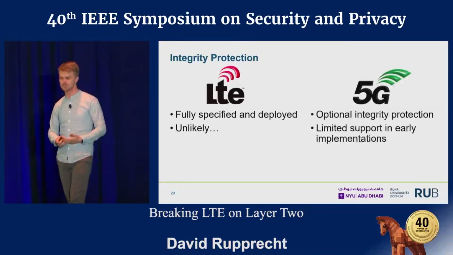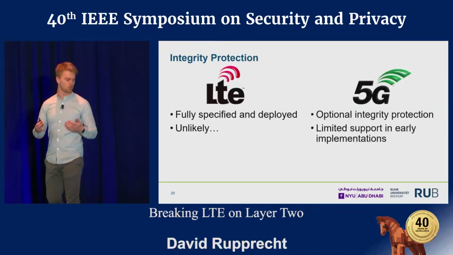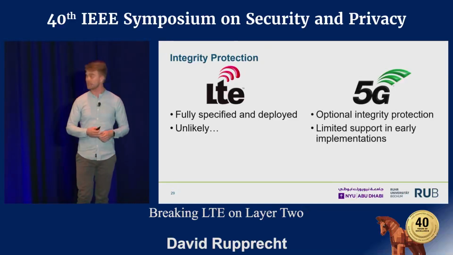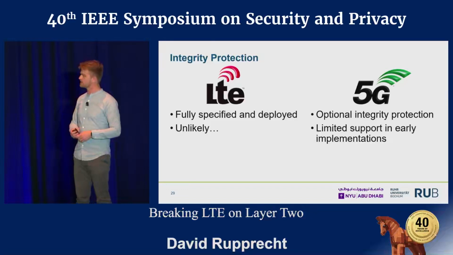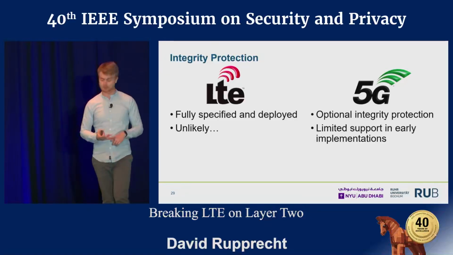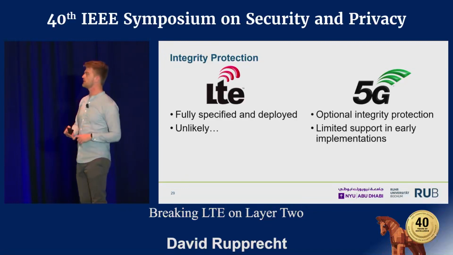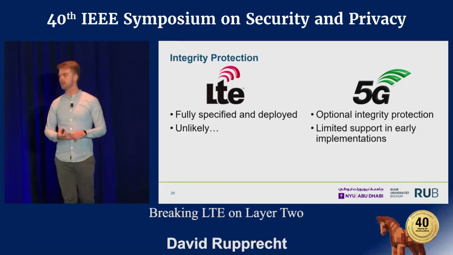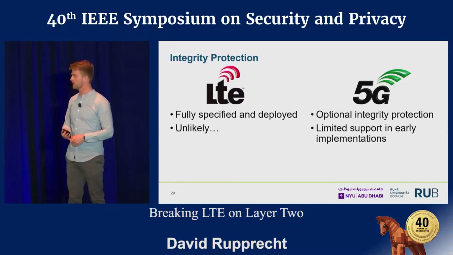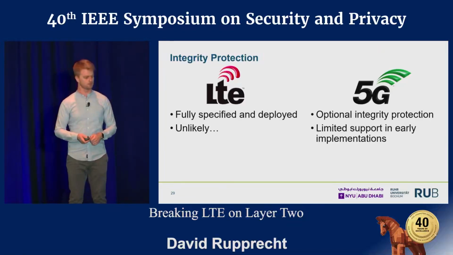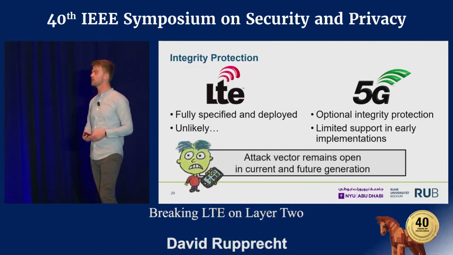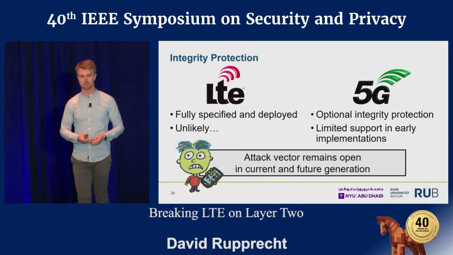However, 5G, the upcoming promising new radio technology, is still under specification for certain parts, and it will be rolled out soon. There is still optional integrity protection on the user plane, and early implementations might have limited support of this integrity protection. So the attack vector remains open in current and maybe also future generations.